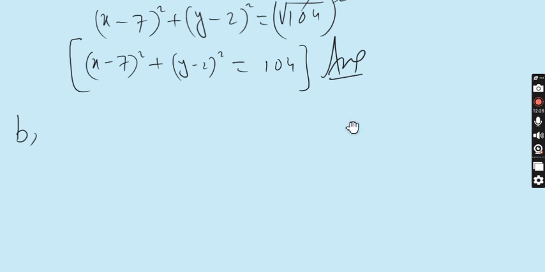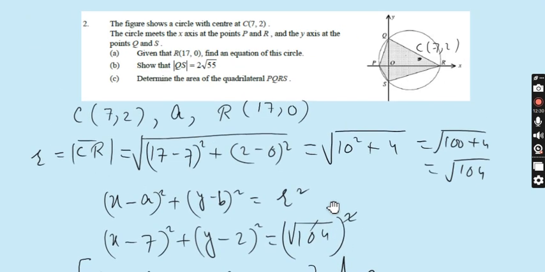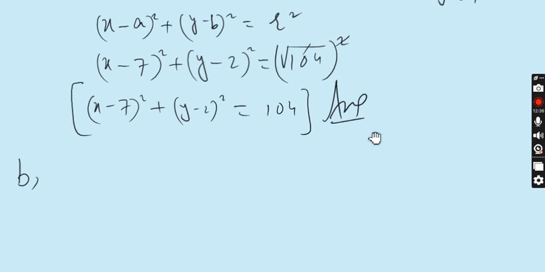Now you can see, if I want to find the coordinates of Q, Q lies on the y-axis. Therefore, if we put the value of x as 0 in the equation of the circle, that is (0 minus 7) whole square plus (y minus 2) whole square is equal to 104.